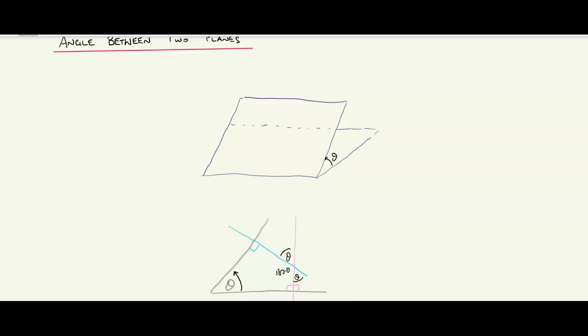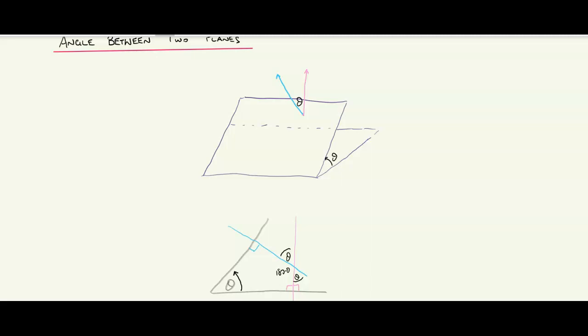So if I've got the normal to this plane here shooting off in this direction, and the normal to the plane down here, I'll choose a different color, perhaps my pink, shooting off in this direction here, then that angle theta is replicated as this angle in here between the two normals.